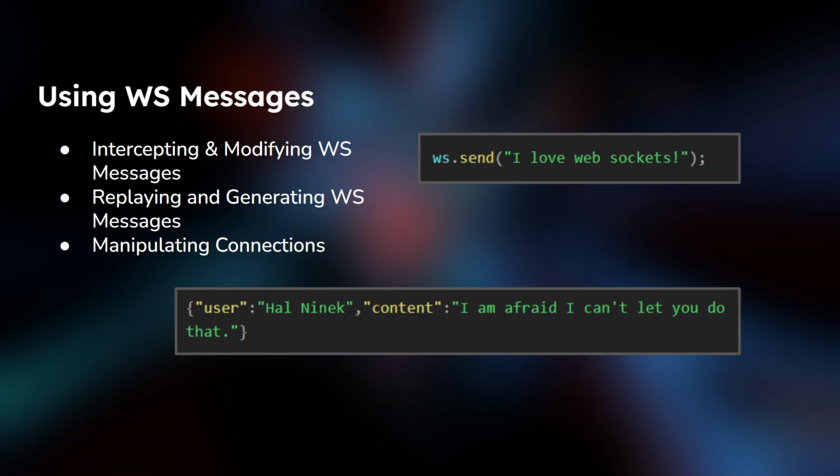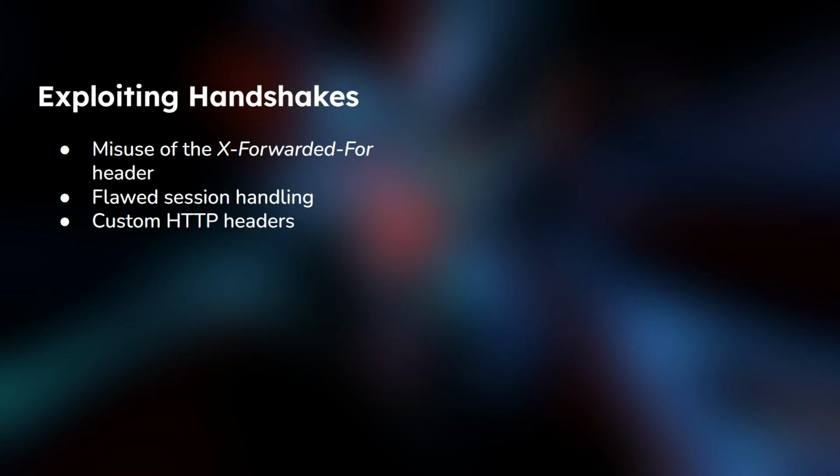And on the topic of the handshake, there are some kinds of exploits you can do with handshakes. It really depends on the context, but sometimes they only want certain requests or certain users to be able to establish a connection by handshaking.